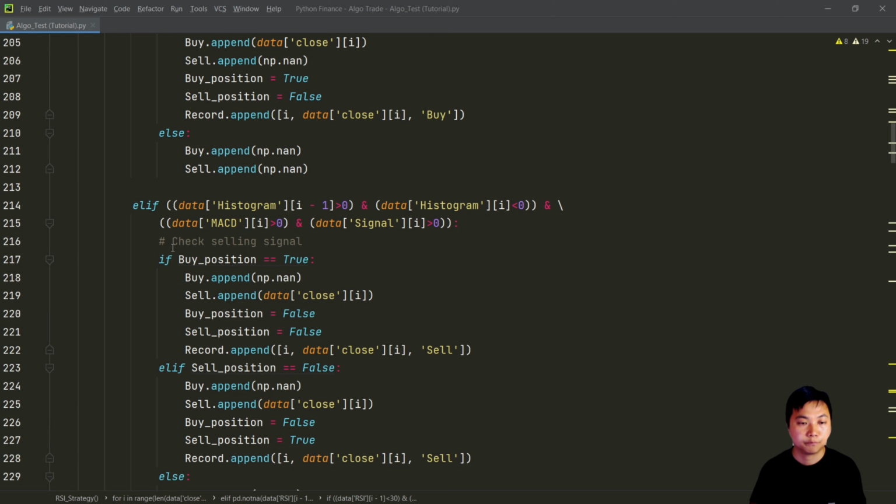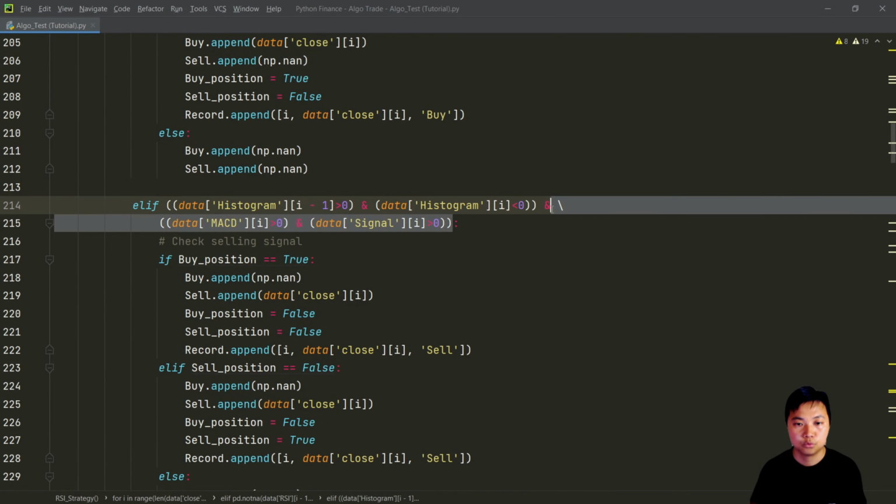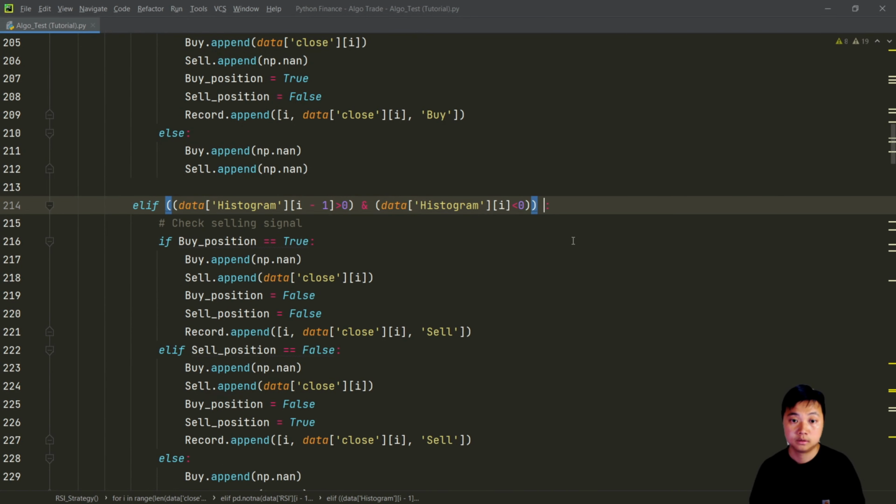Then we need to check whether there's any selling signal. That is our second part. For this case, we will check the threshold, and the threshold is 70. Again, we will use RSI.